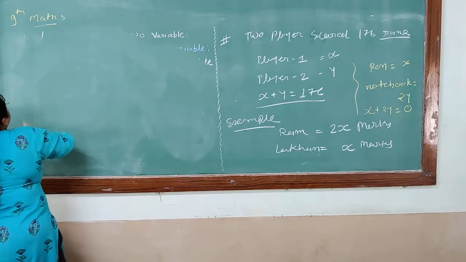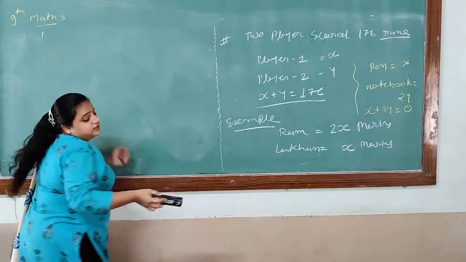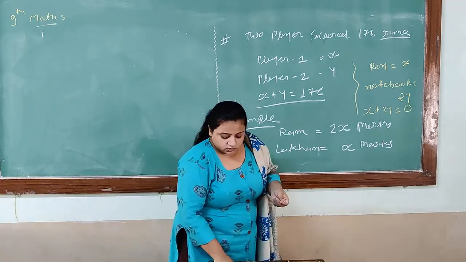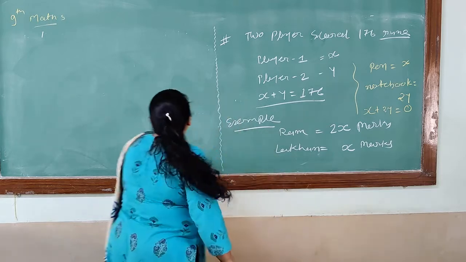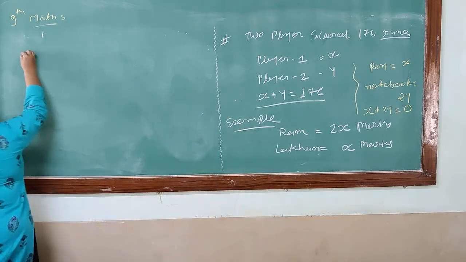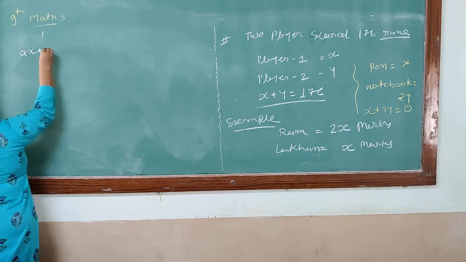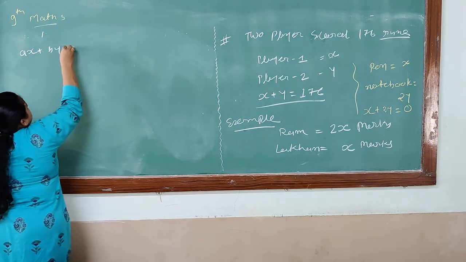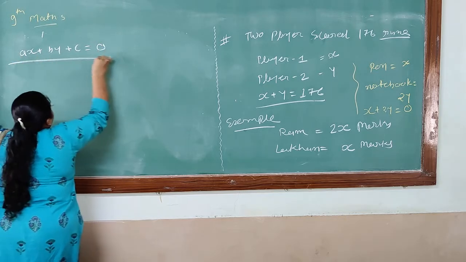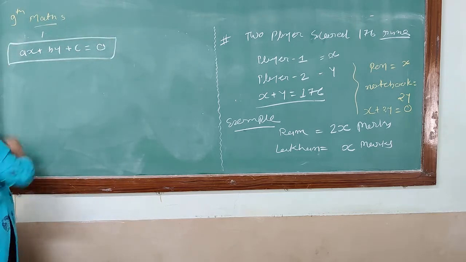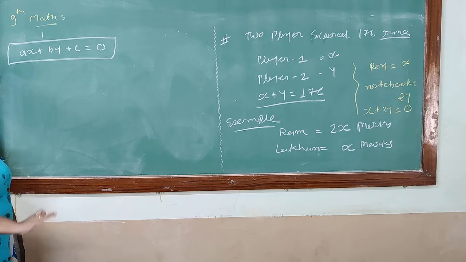Now you have to relate this equation with the linear equation ax plus by plus c equals to 0. Everywhere you have to relate any linear equation with this standard form.